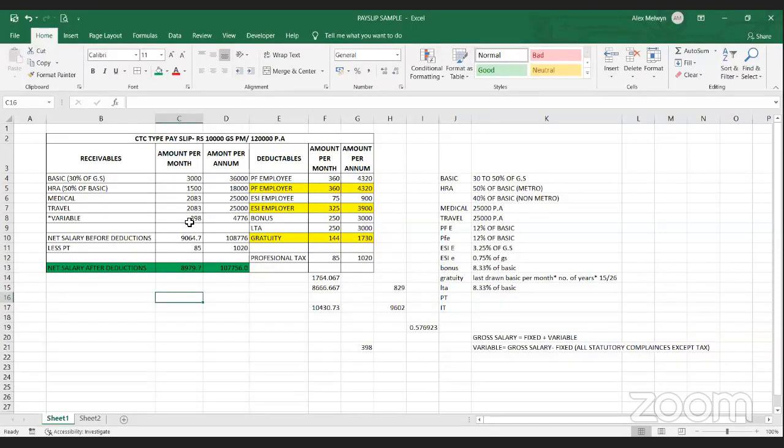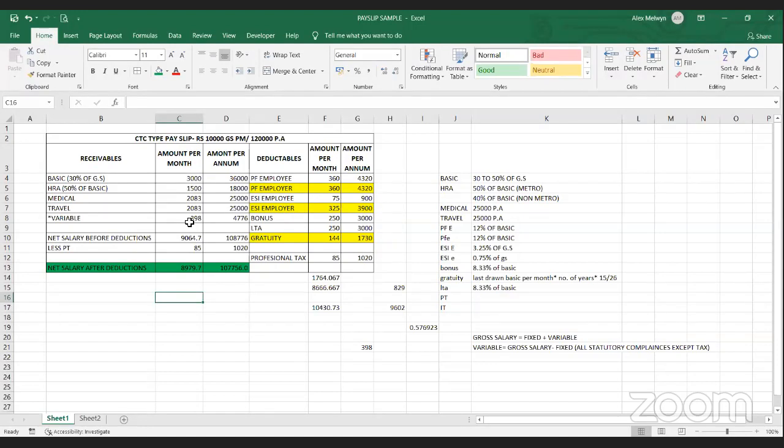Once you've done this, the next step is net salary before deductions, which is the total of all the receivable components: basic, HRA, medical, travel, and variable. So five components. Then you go to professional tax, where you calculate based on the slab.